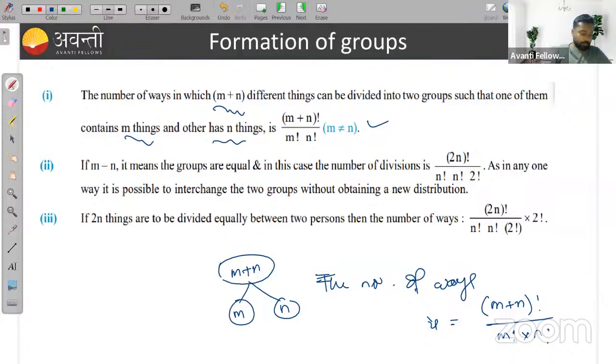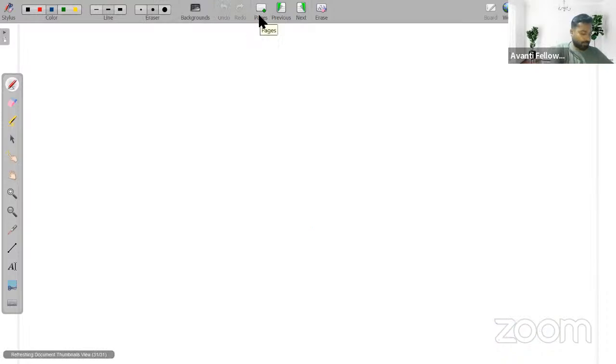Clear? Second thing is, if m equals n, it means the groups are equal, and in this case the number of divisions is (2n) factorial by n factorial into n factorial into n factorial. Okay, let's not make it complicated. So what is the way we can divide objects into groups?